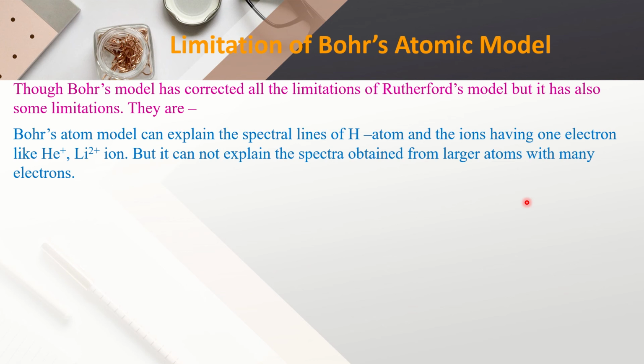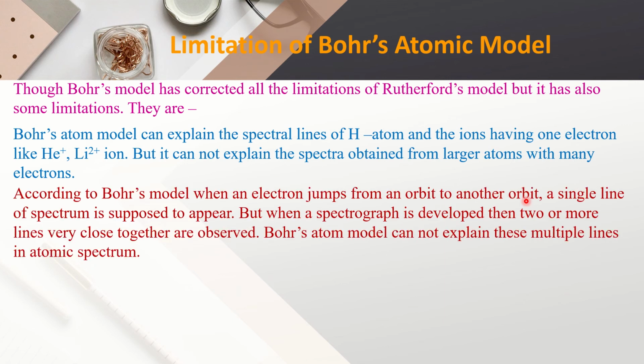They are: Bohr's atomic model can explain the spectral line of hydrogen atom, and the ions having one electron like helium ion, lithium 2 plus ion. Look, all these ions have one electron. But it cannot explain the spectra obtained from larger atoms with many electrons. This is a great limitation of Bohr's atomic model.